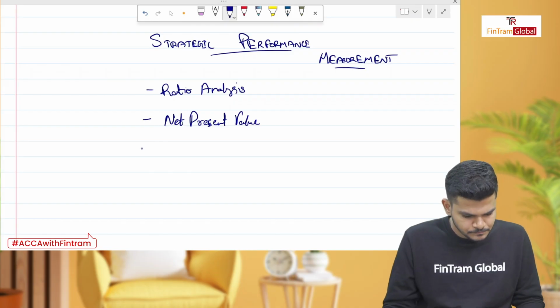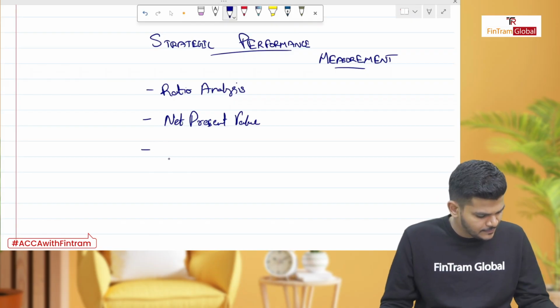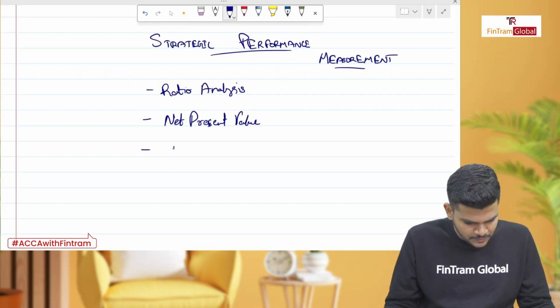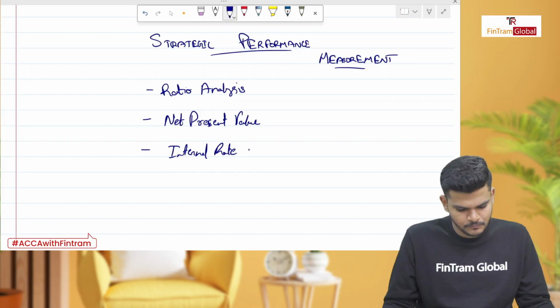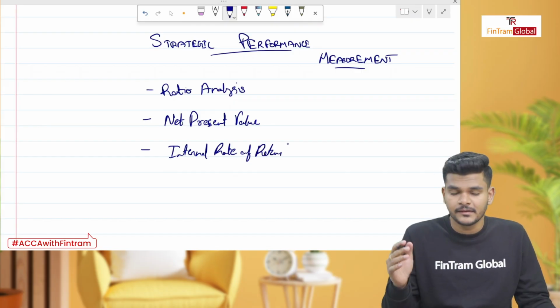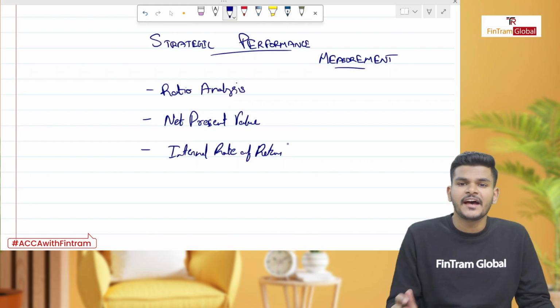And what else? Other than the net present value, we also learned about internal rate of return, or IRR, as we call it, right? So what is IRR?